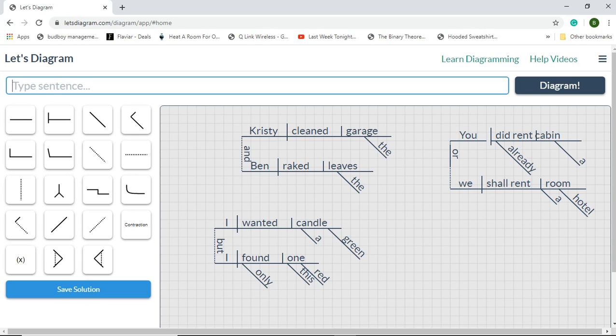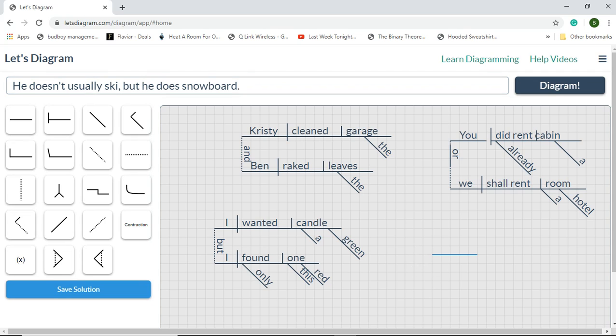Here we go. He doesn't usually ski, but he does snowboard.